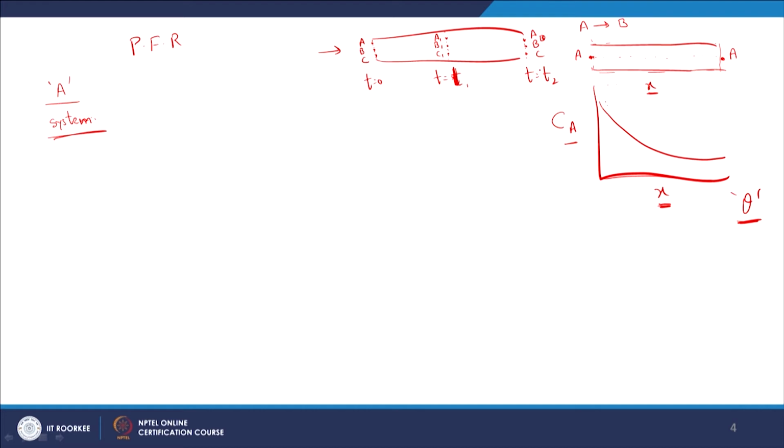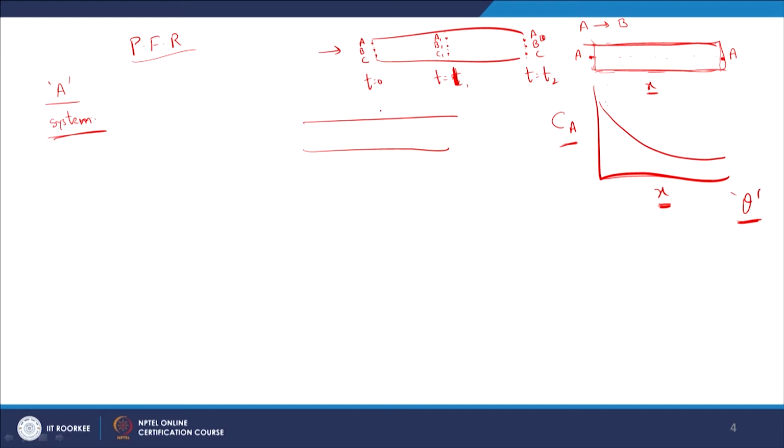So keep in mind that in a plug flow reactor, your variables change with distance and not with time, right? That is something you need to keep in mind. Now, as I know that it changes with distance, I can't apply the mass balance over the entire system here.